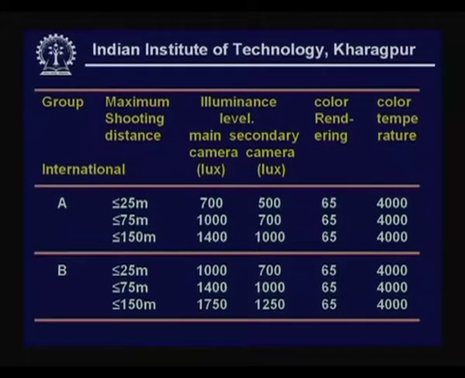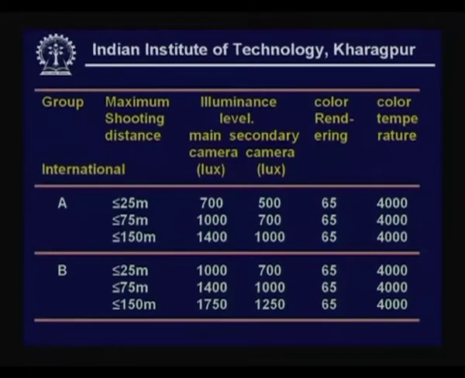The table here talks about the requirements for TV coverage on an international level. As you can see, levels are much higher because it becomes more important to get better quality pictures, and therefore one could see that you have higher lux levels. This lists group A and group B for differing camera distances.